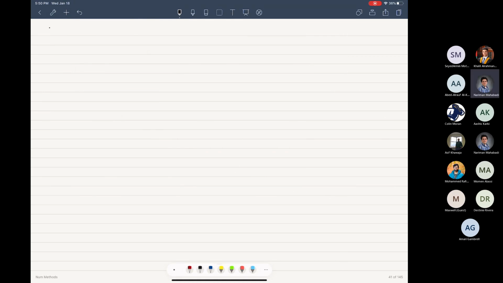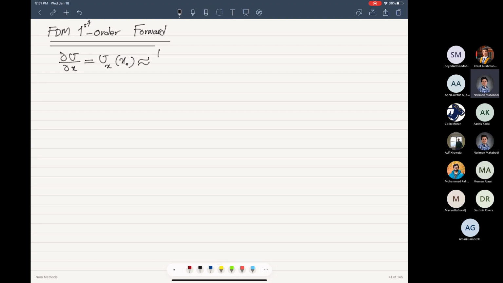Okay, so I already talked about this FDM, the first order, and I used only the forward method. In this case, my first derivative is going to be u_x at x naught, and I'm using the next point, which is x naught plus delta x, to approximate my first derivative at x naught.